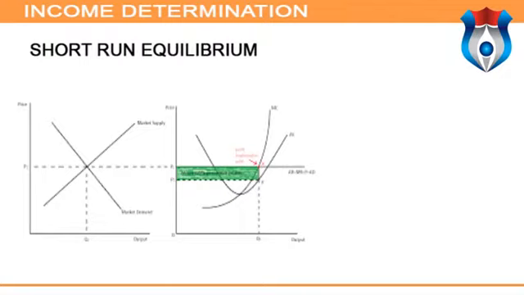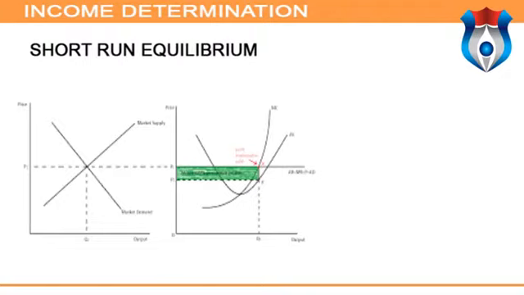Its average cost curve AC1 passes from below the MR equal to AR curve. The point E1 marks its equilibrium position where MR is equal to MC. The firm produces Q1 output. The total revenue of the firm is then OQ1 into OP, which is OQ1E1P.